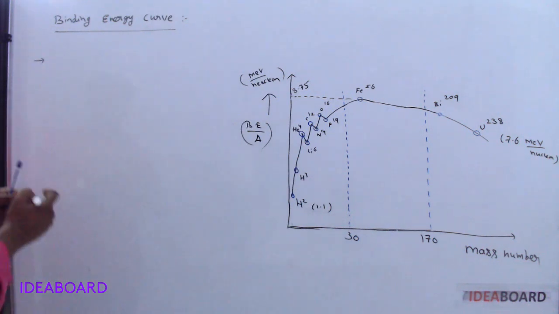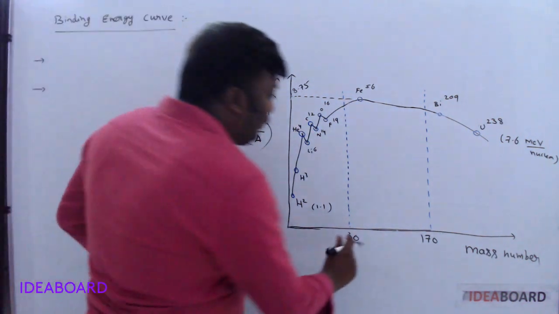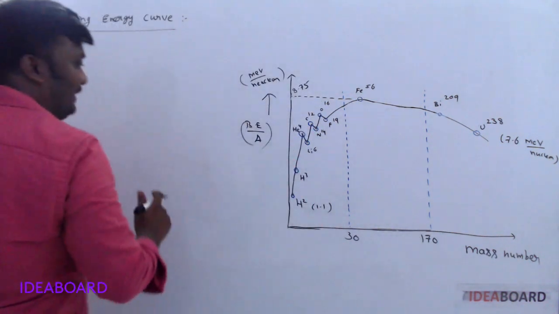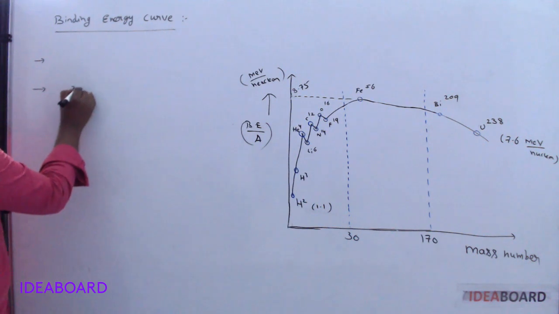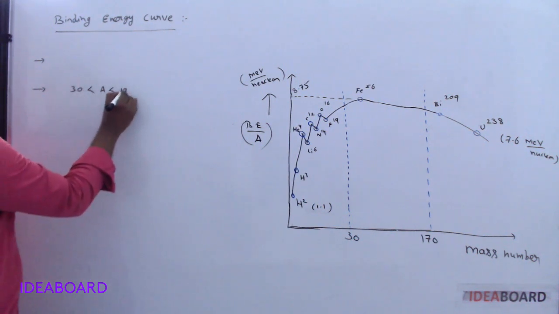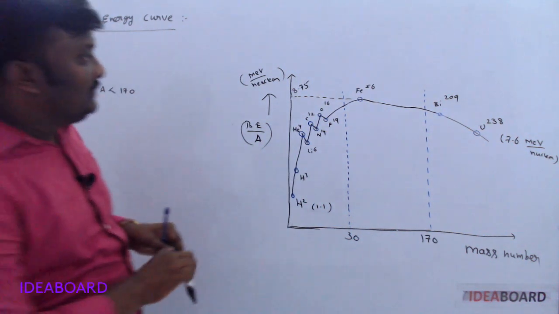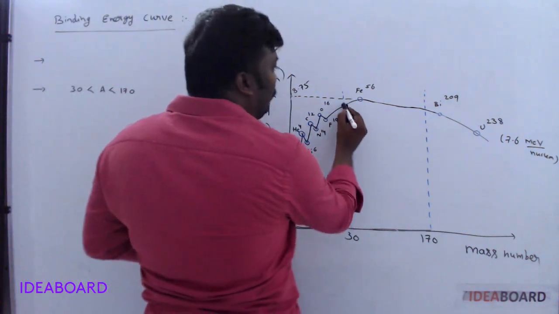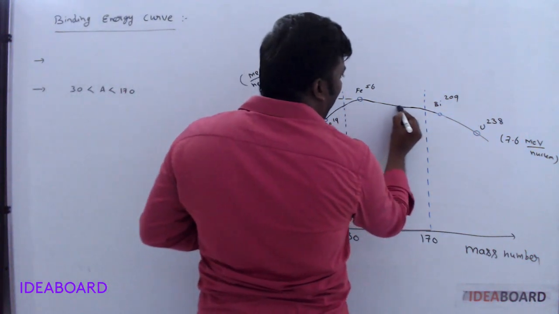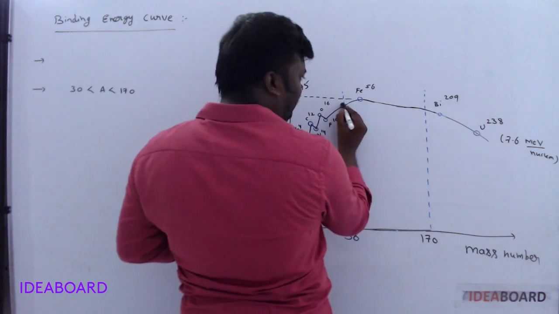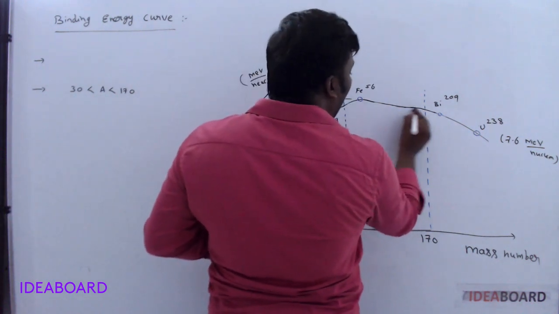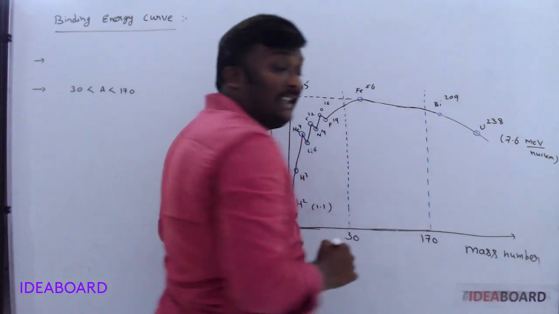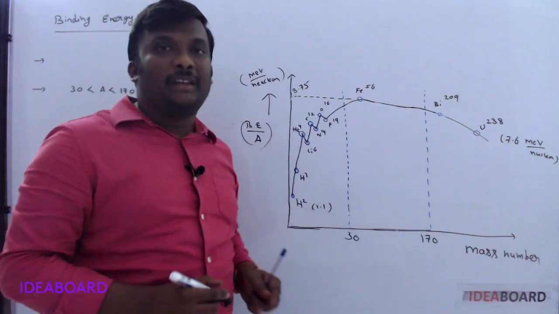Next point. Here, particularly, the mass number lies between 30 and 170. Check properly. From 30 to 170, almost all the nuclei have the same energy. This was found practically.